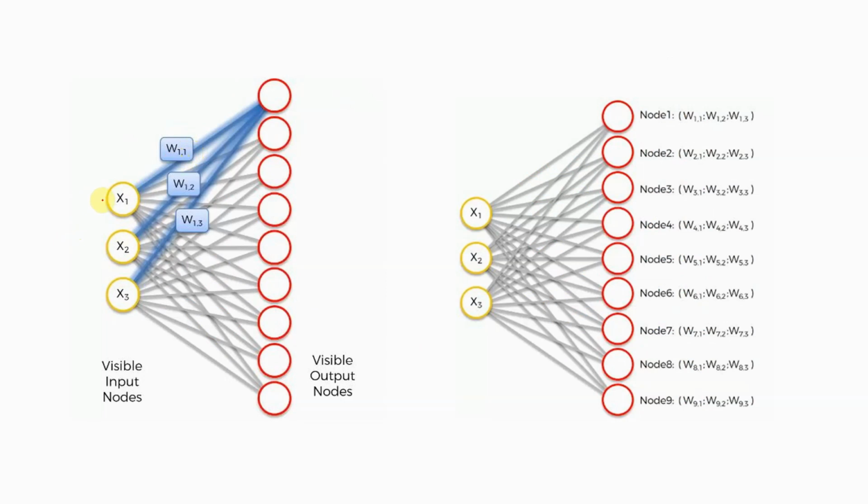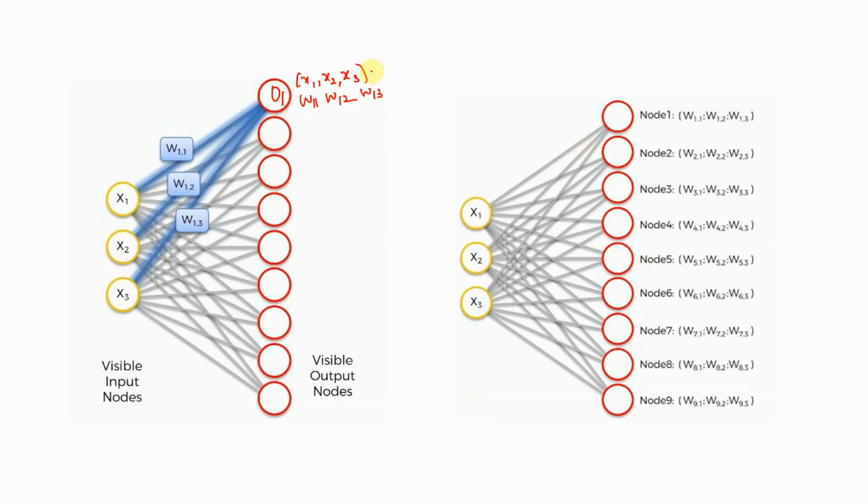Whenever we give the input, and we have the output node here, this output node will receive inputs from x1, x2 and x3. The corresponding weights will be assigned as W11, W12 and W13.